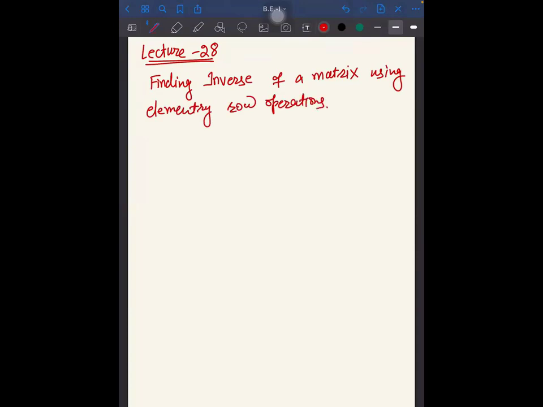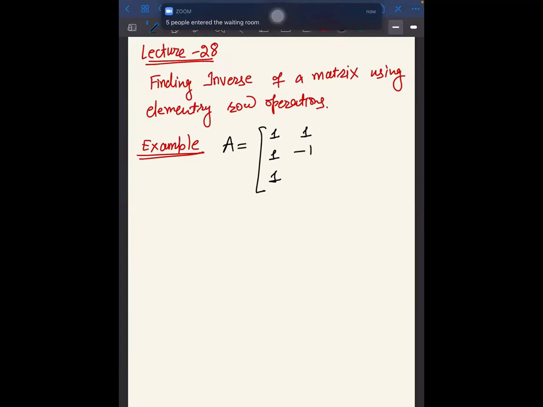Okay, so of course we'll start with the help of an example, because most of you have already done this, I suppose. So let's assume that we have this example, and we want to find out the inverse of this.